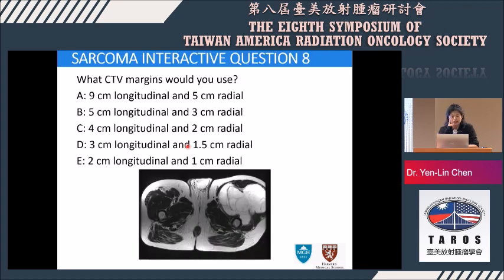All right, next question. So what CTV margin would you use? A, 9 centimeter longitudinal, 5 cm radial. B, 5 cm longitudinal and 3 cm radial. C, 4 cm longitudinal and 2 cm radial. D, 3 cm longitudinal and 1.5 cm radial. Or E, 2 cm longitudinal and 1 cm radial. We'll use the high-grade myxofibrosarcoma intramuscular case, pre-op case for this.